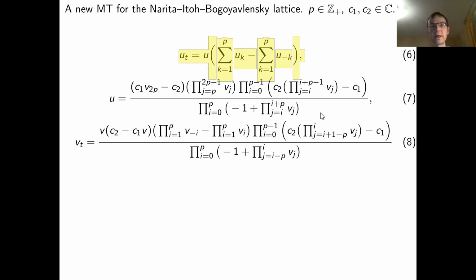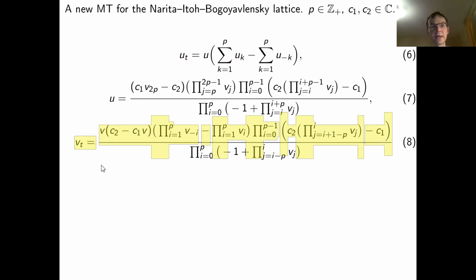And here is a new Miura type transformation for it. The covering equation is this one. This is a differential difference equation for a function v. And this is the Miura transformation.